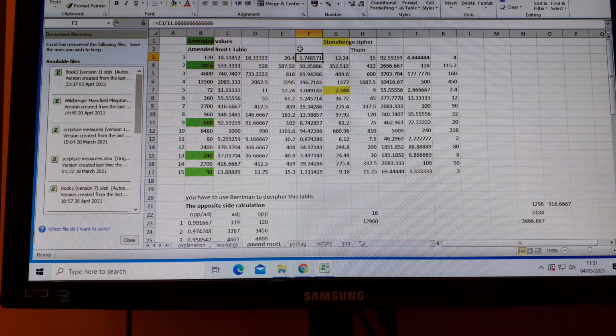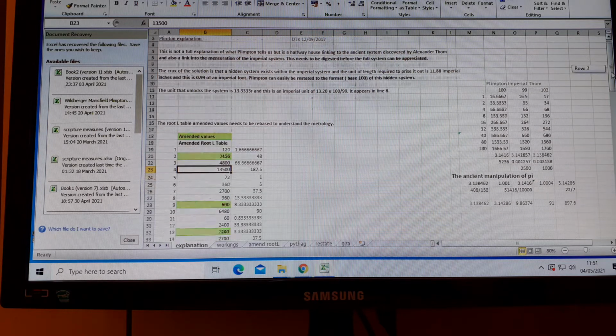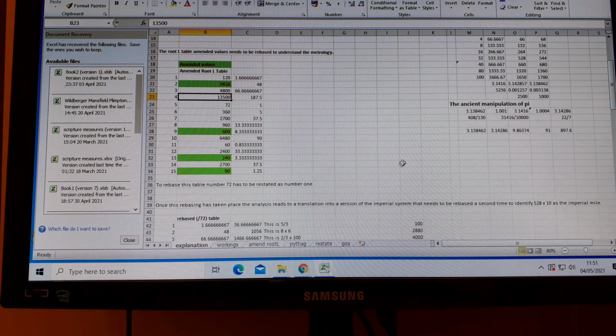Now, what I started to do was amend this table, which starts with 120, and it goes through all these values, and I wanted to produce values that I was working with at Stonehenge. And one of the values I was working with was 5.333. If we multiply that by 2.5, we get 13.333.